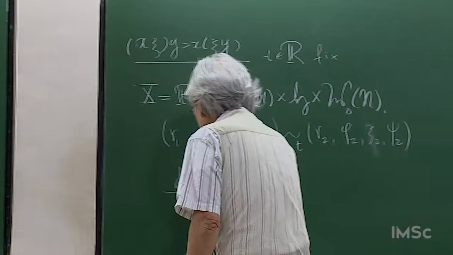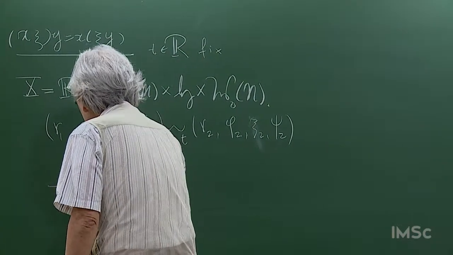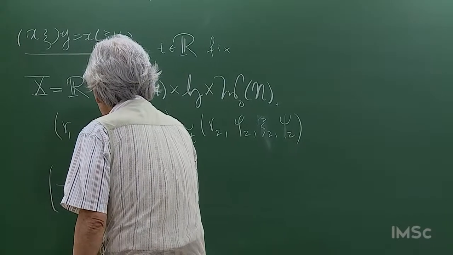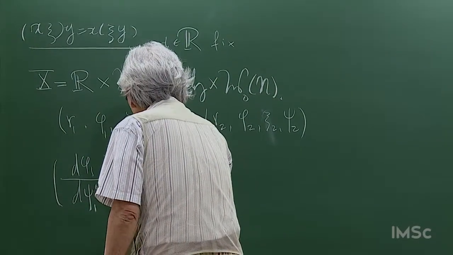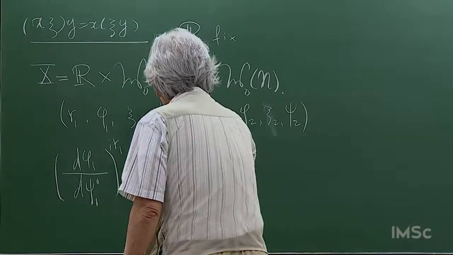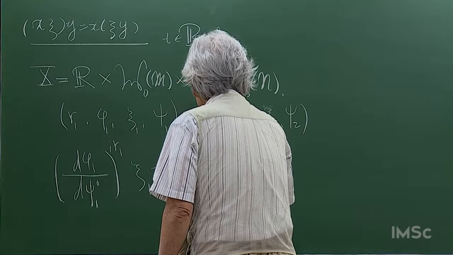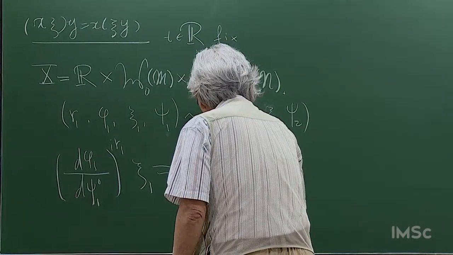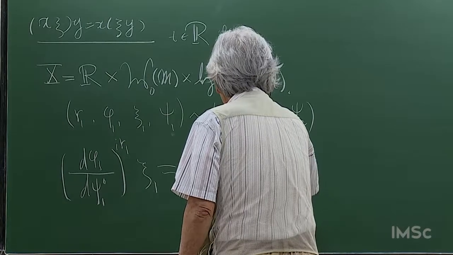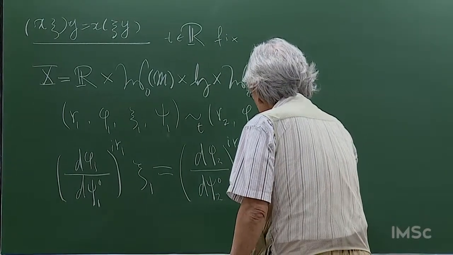d phi 1 d psi 1 opposite to the power i R1, applied to xi 1, equals d phi 2 d psi 2 opposite to the power i R2, applied to xi 2.